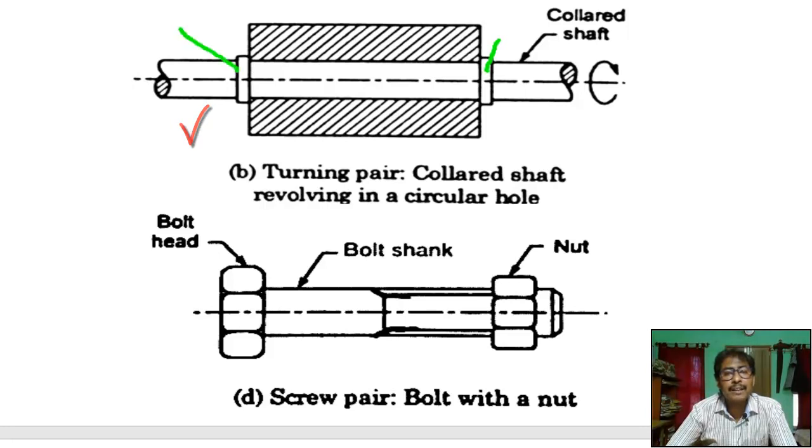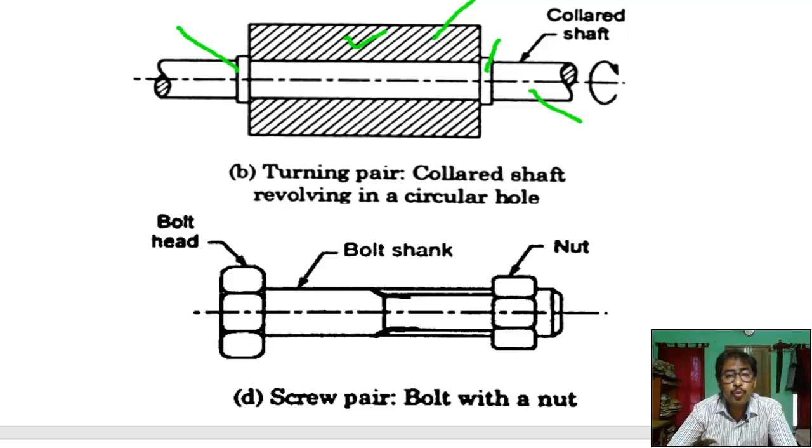This is a shaft with a collar, the collar shaft revolving in a circular hole. This link and this link form the turning pair. So it is a lower pair. Turning pair is a lower pair.